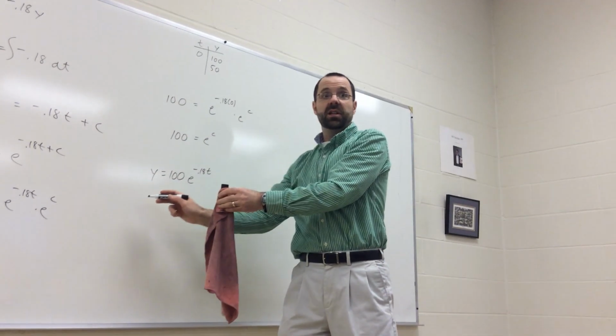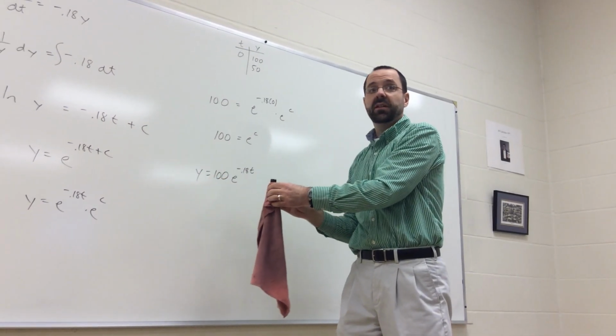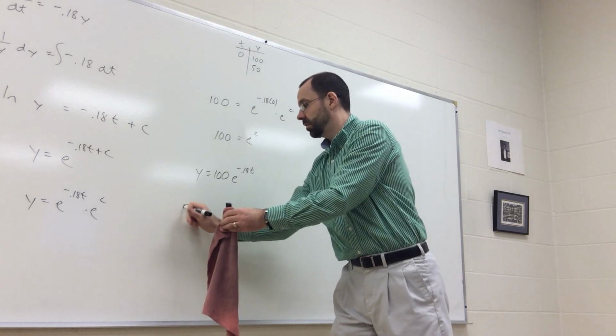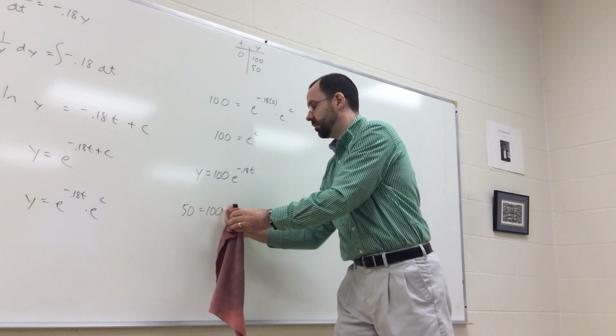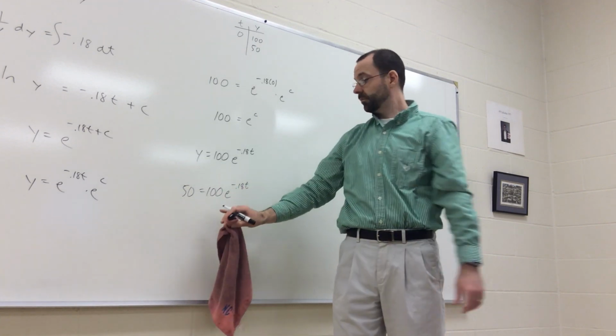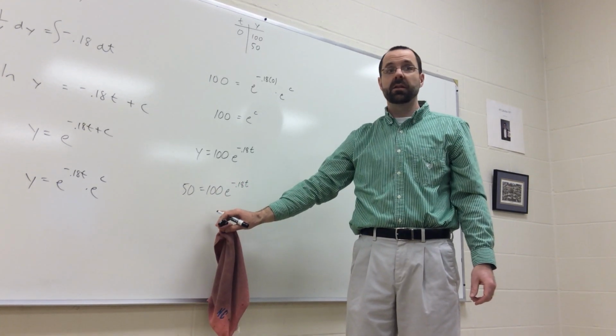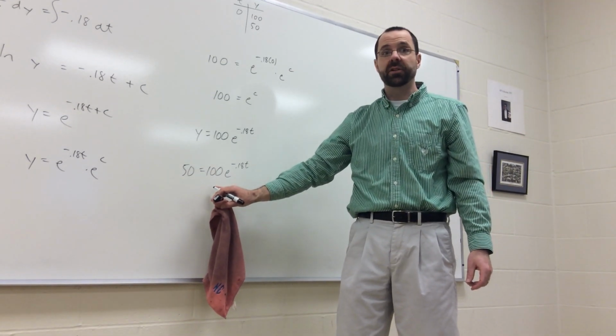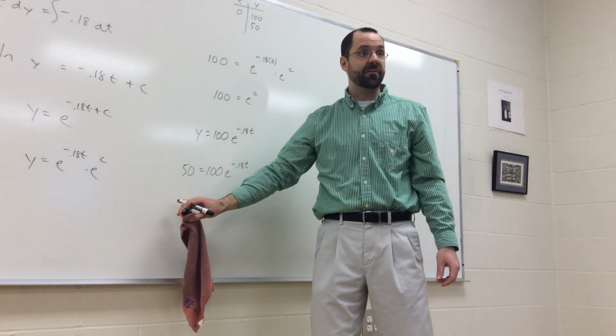So now I'm going to set this equal to 50 and solve for the t. So then you divide both sides by 100, and you get a half.